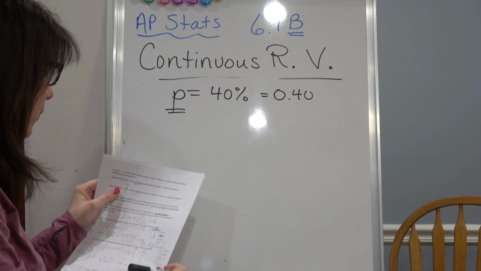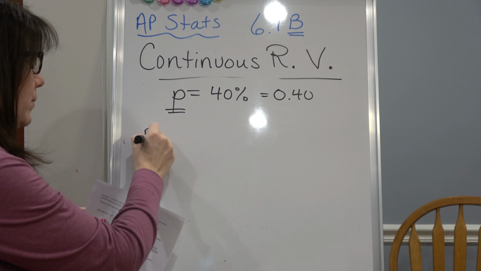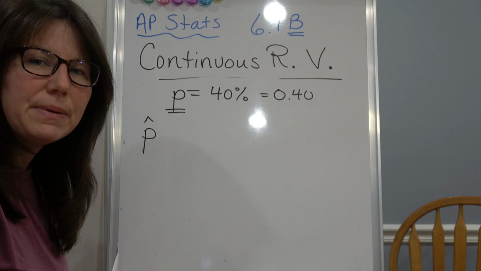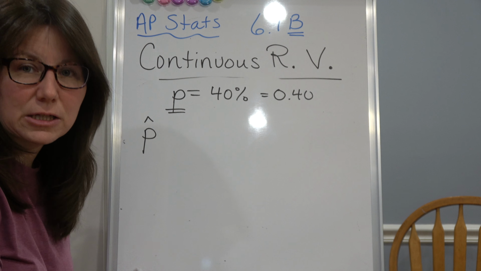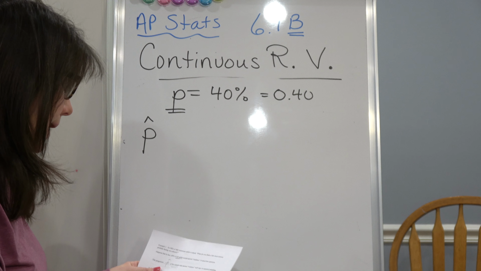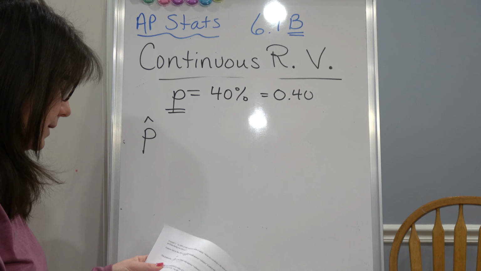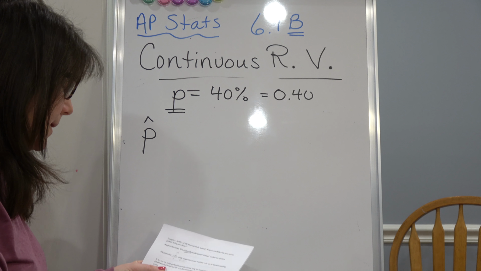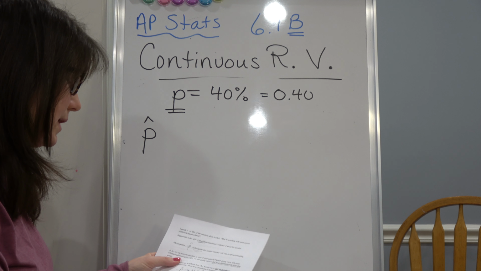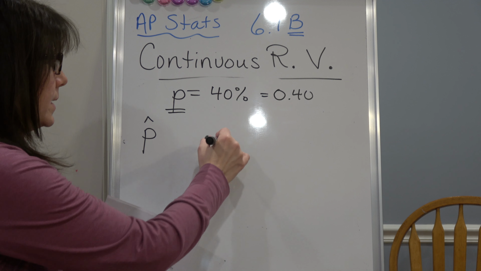And so we are trying to look at what would happen if we take samples. If we take samples, we're going to get a p hat. So a p hat is like an x bar. It's a sample proportion. And we're going to do this over and over again, okay? And they're telling us that the density curve for this scenario is normal, right?